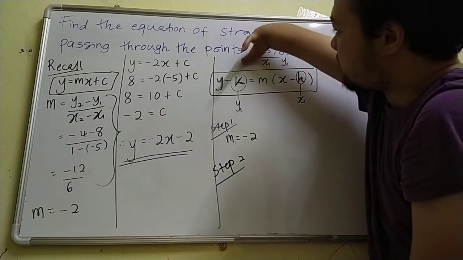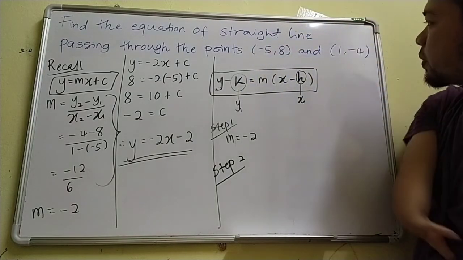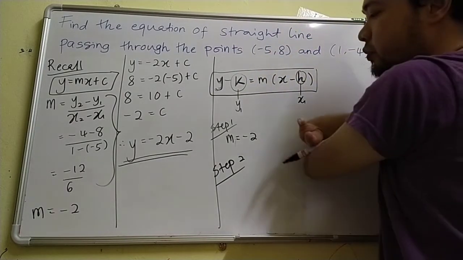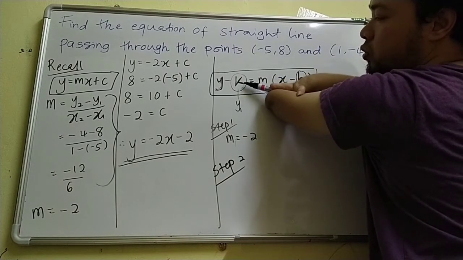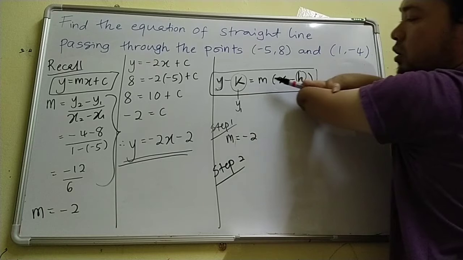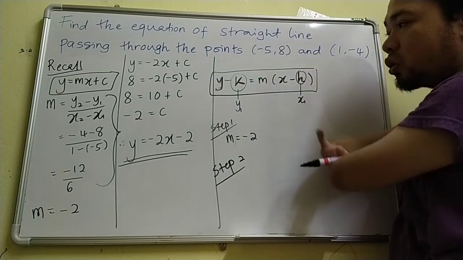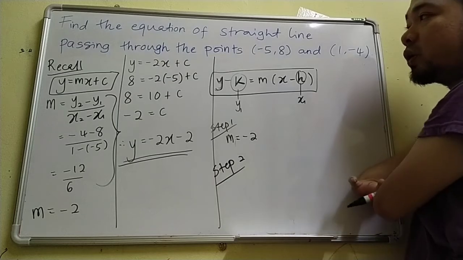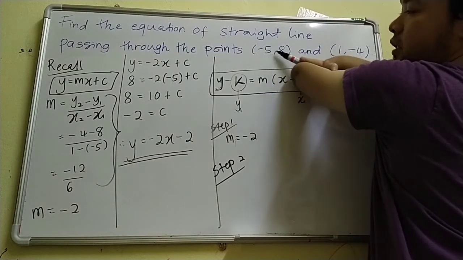Let's say if I erase over here. Some students, when they want to know which one is K and which one is H based on this coordinate, in order for you to not get confused, you can do it like this. If you look at (-5, 8), this is X, this is Y, right?